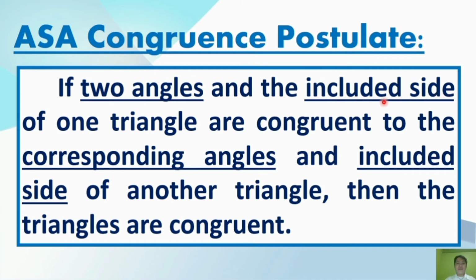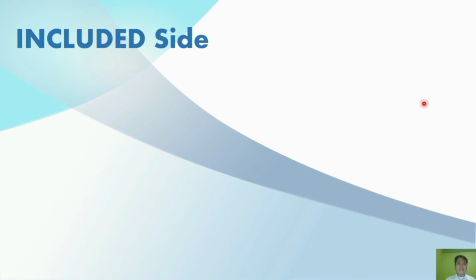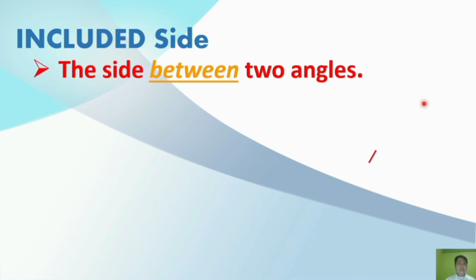And before I give you examples about ASA congruence postulate, let us first understand what included side means. Ano nga ba itong included side? Yes, katulad po ng included angle, pag sinabi naman nating included side, this is a side in between two angles.